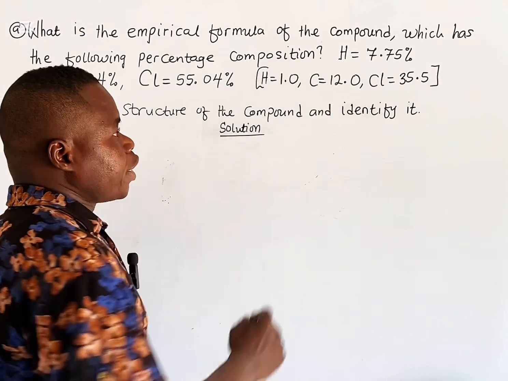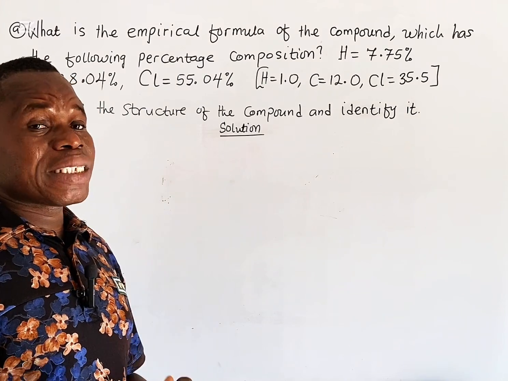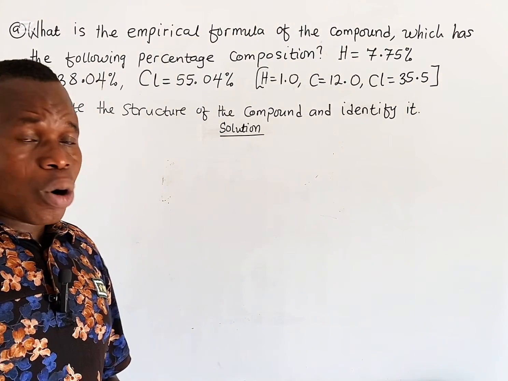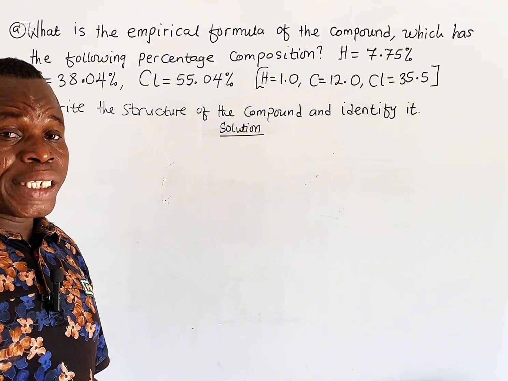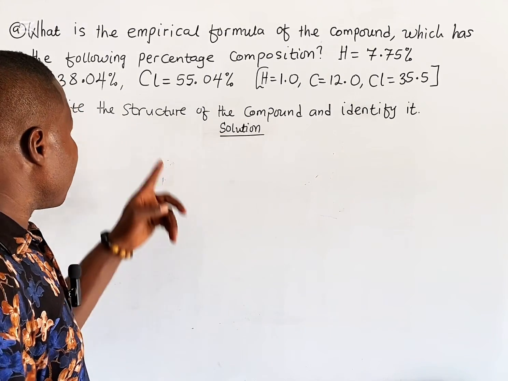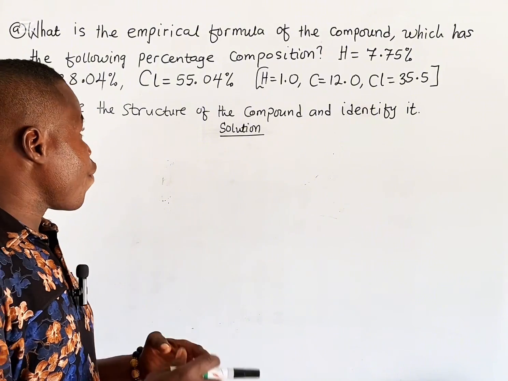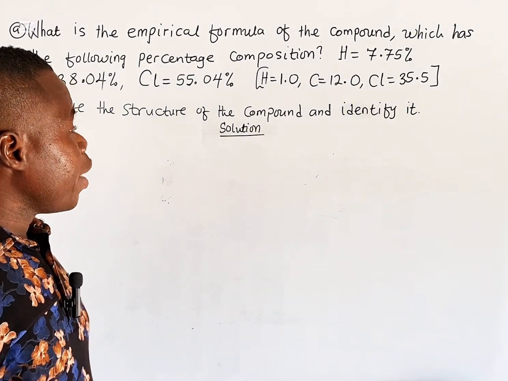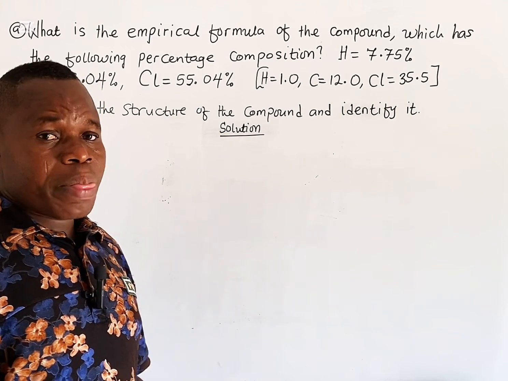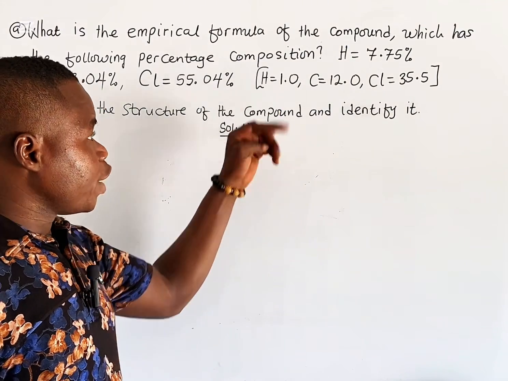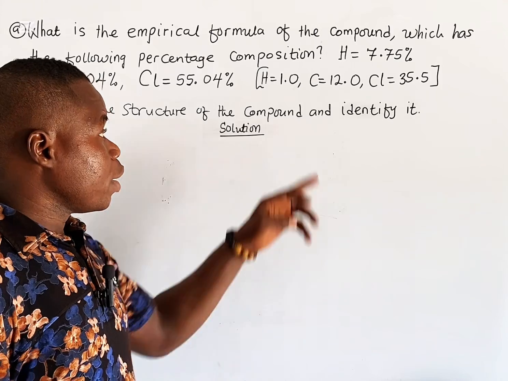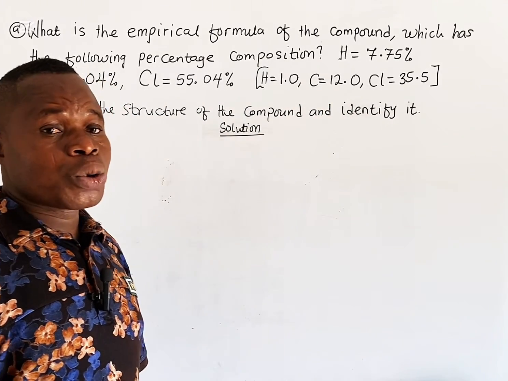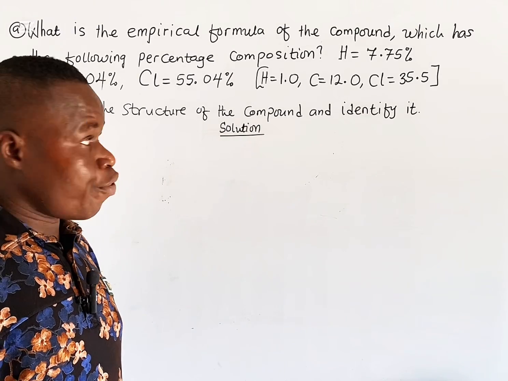H is equal to 7.75%, C is equal to 38.04%, Cl is equal to 55.04%, and their respective atomic masses: H is equal to 1.0, C is equal to 12.0, Cl is equal to 35.5.